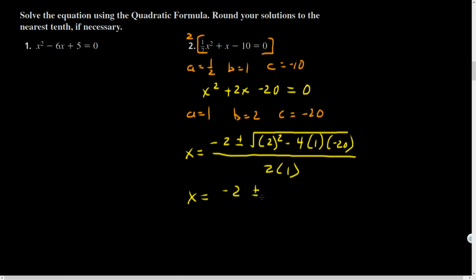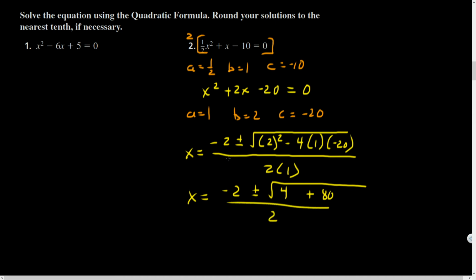I don't think I'll do this whole problem. Often students make mistakes with sign errors and not squaring negatives correctly. Often students make mistakes here with how you've got to keep track of all of this multiplication and negatives. So here 2 squared is 4. Negative 4 times 1 is negative 4 times a negative 20 is positive 80. All over 2 times 1 is 2.